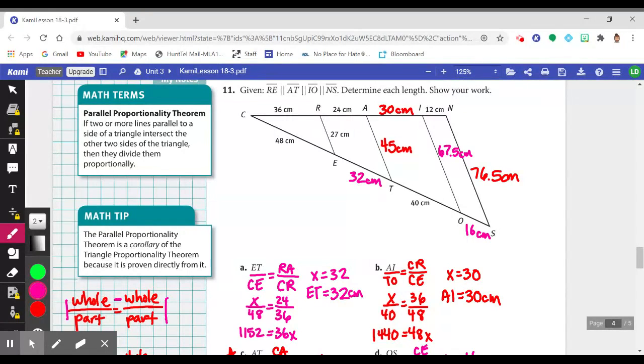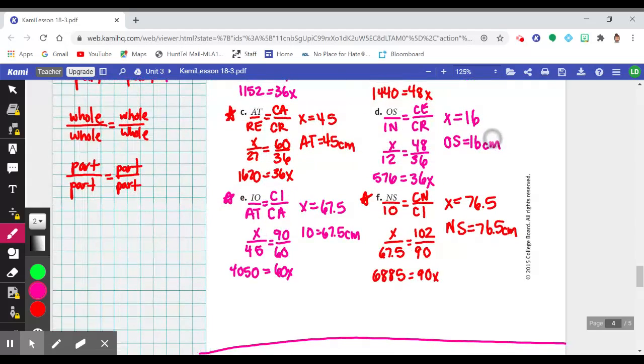Notice the similarity here. CI corresponds to CN. They're on the same side of the triangle. And CI is a whole side of the triangle that IO is on. So once I create that proportion, cross multiply, and solve, I find my last segment of the triangle, 76.5 centimeters.